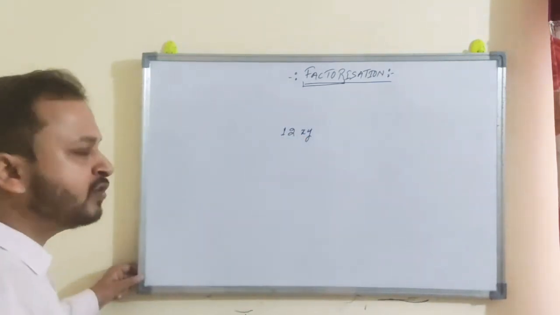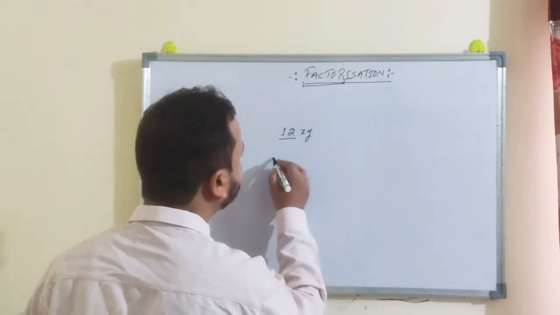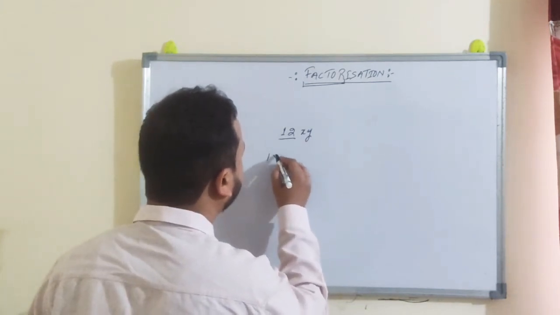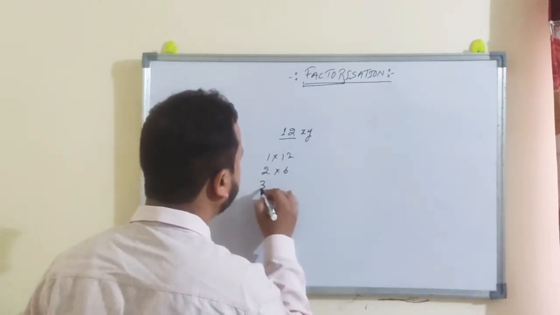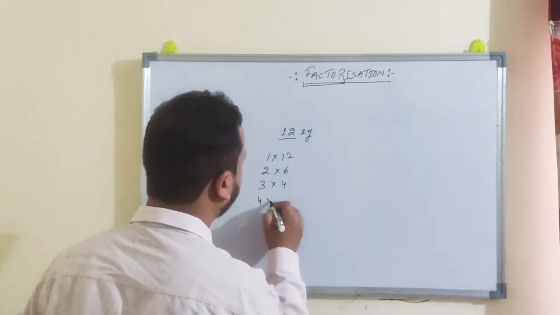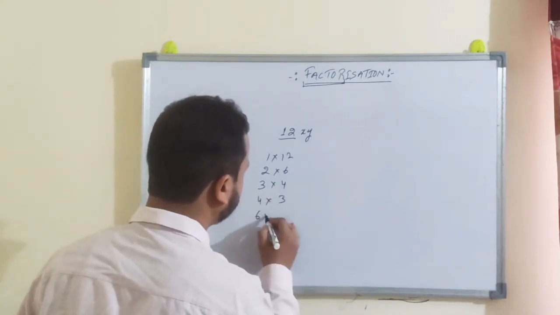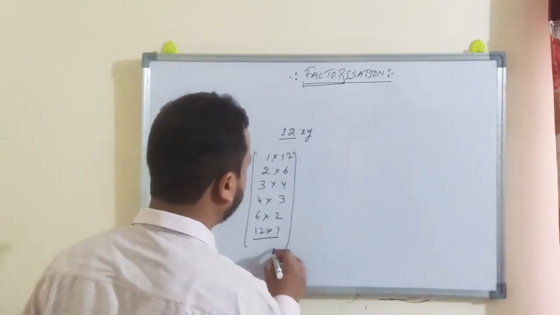You can write 12 as 1 into 12, 2 into 6, 3 into 4 or 4 into 3 and so on, and then 6 into 2 and 12 into 1. This way you can write 12.